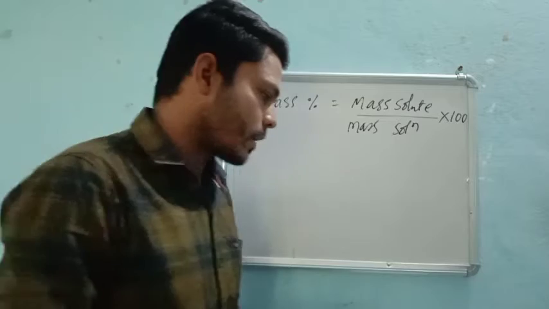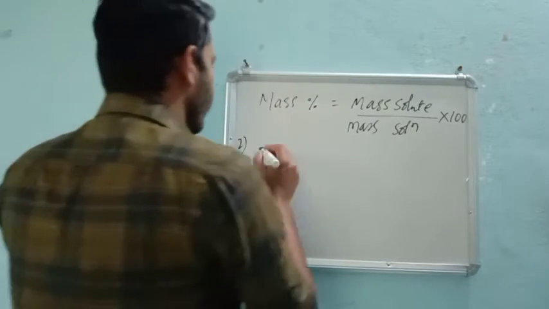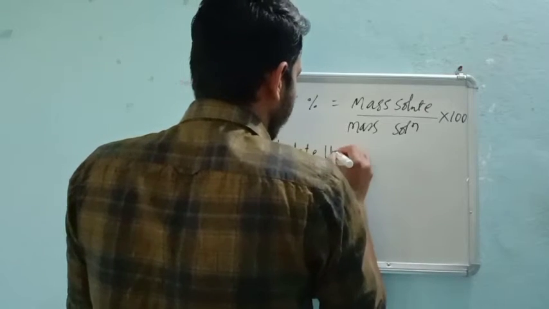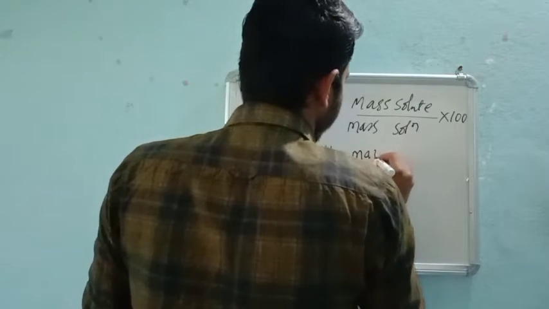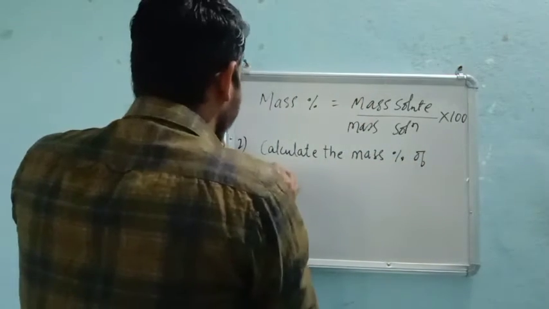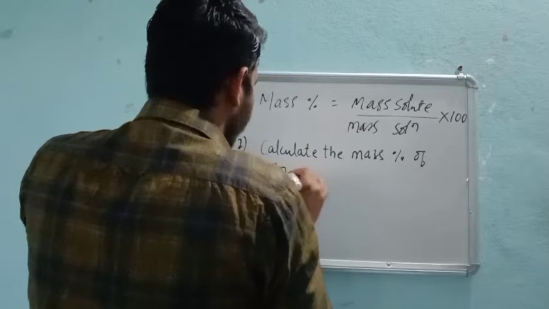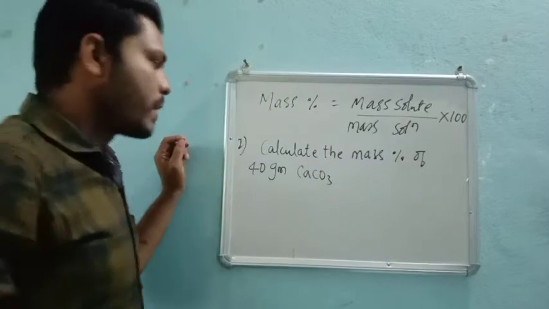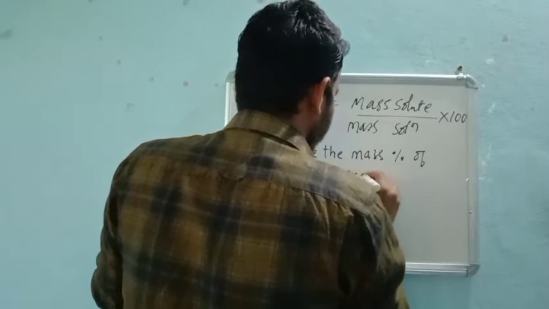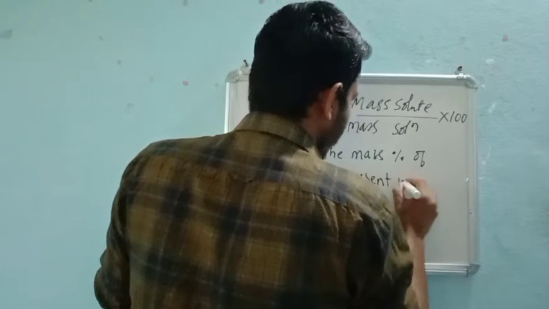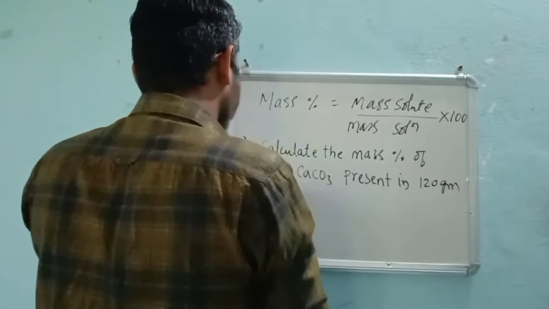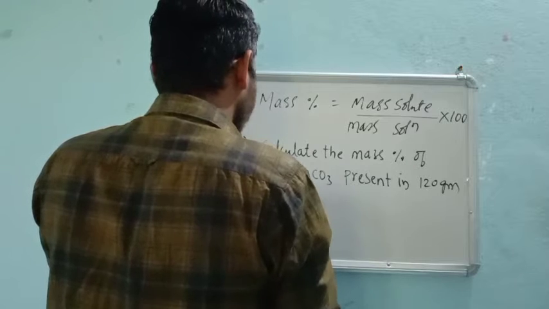Take down: calculate the mass percentage of 40 gram of CaCO3 present in 120 gram of water. These are very simple.